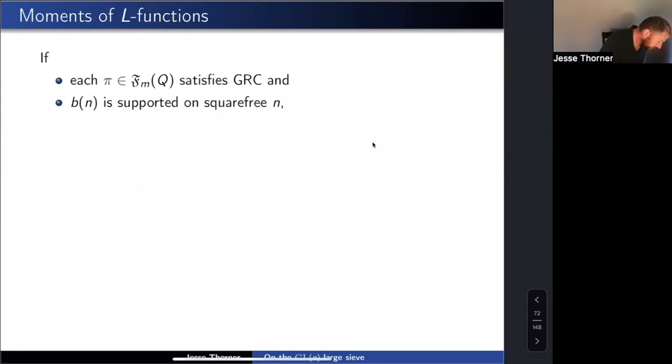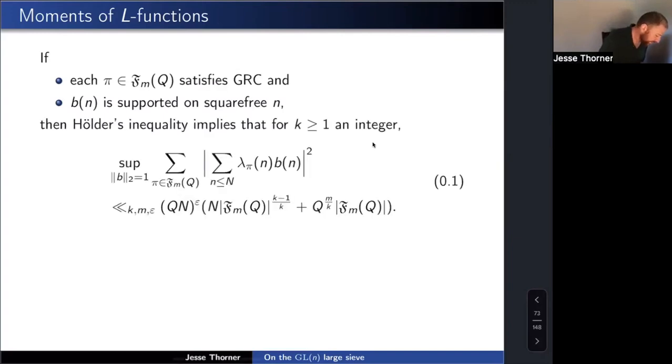All right. So for a family Fm of Q, it could be the case that the generalized Ramanujan conjecture is satisfied for each pi in our family, and I could possibly assume that the B of n is supported on square-free integers.